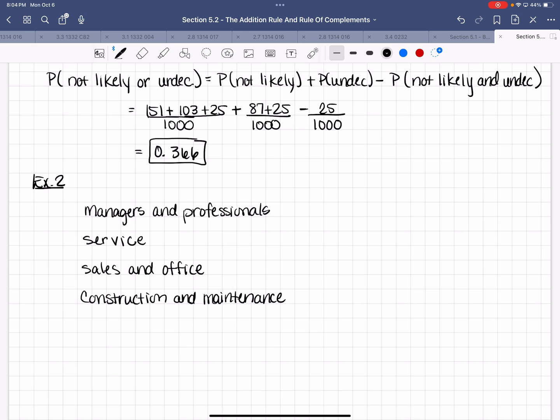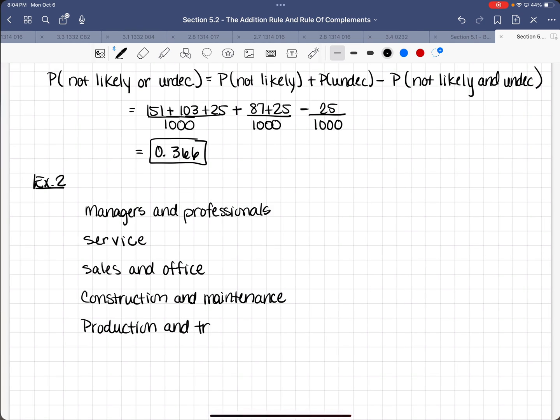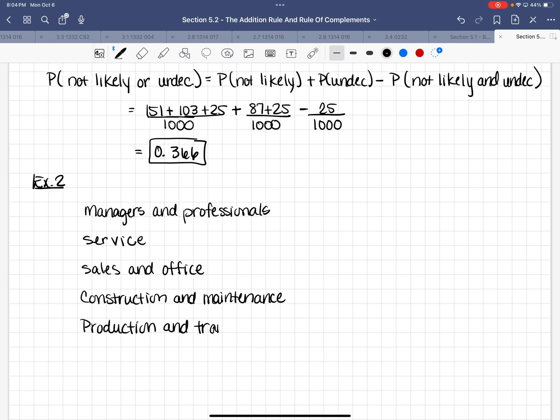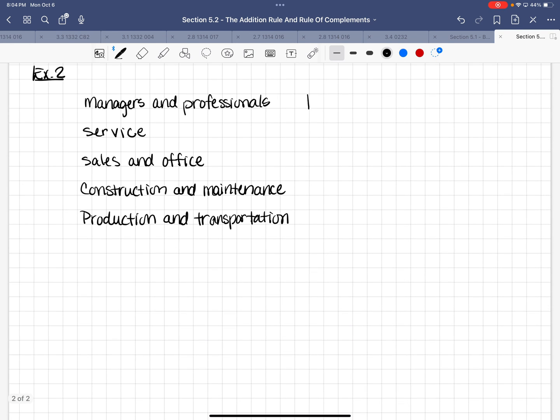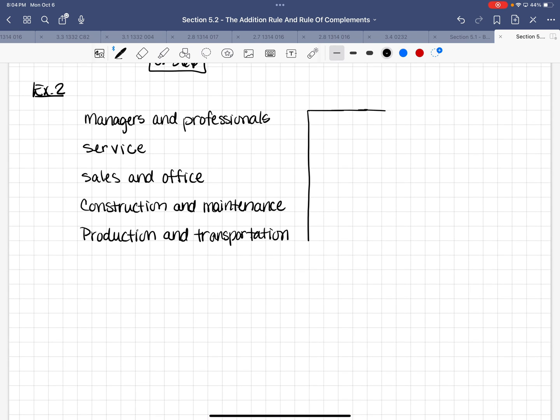And fifth row is production and transportation. All right. Then I'm going to have a column titled non-college. And then one titled college, of course.